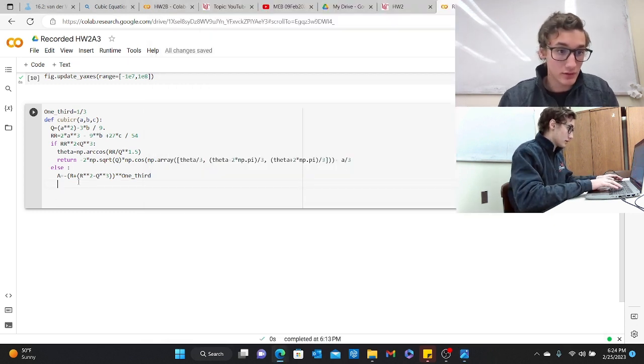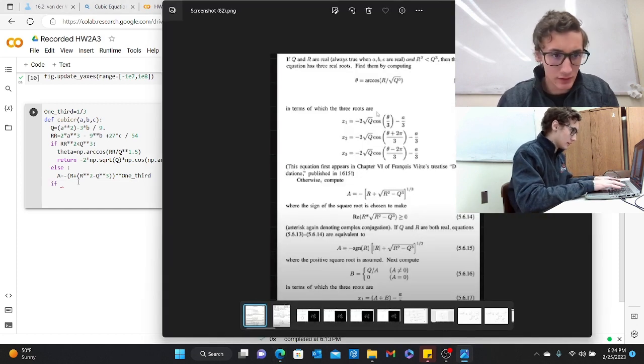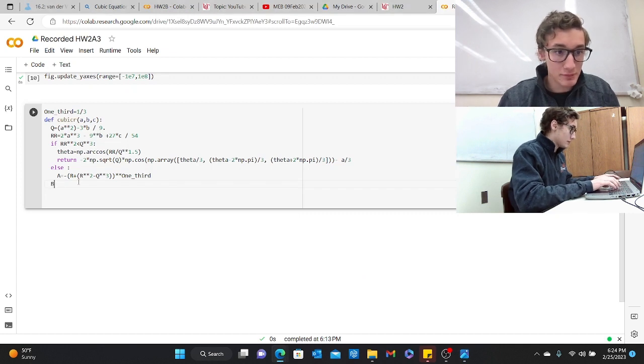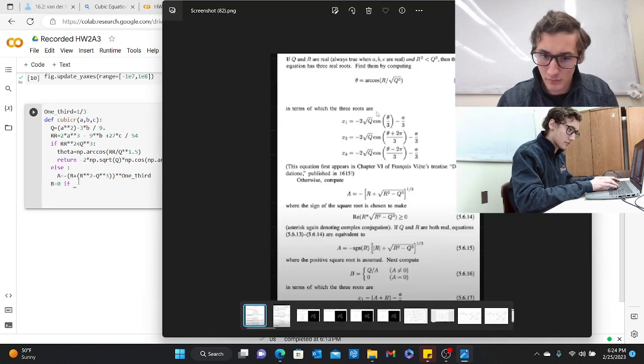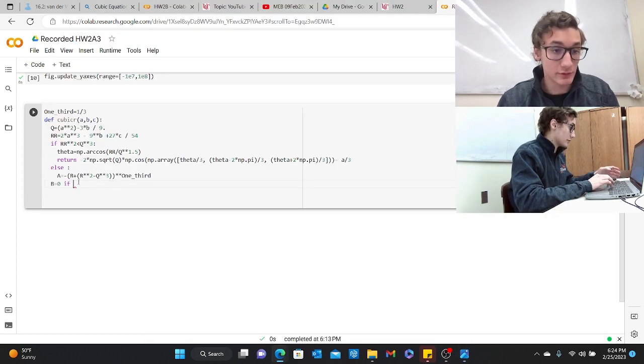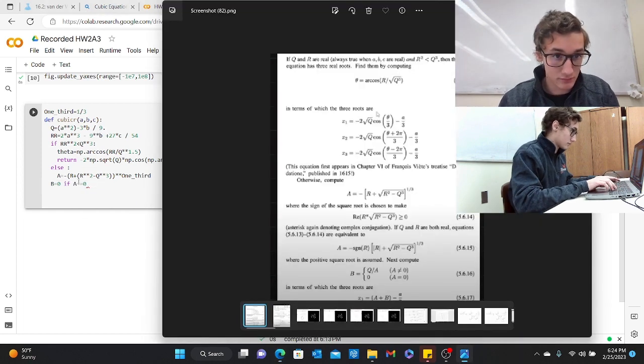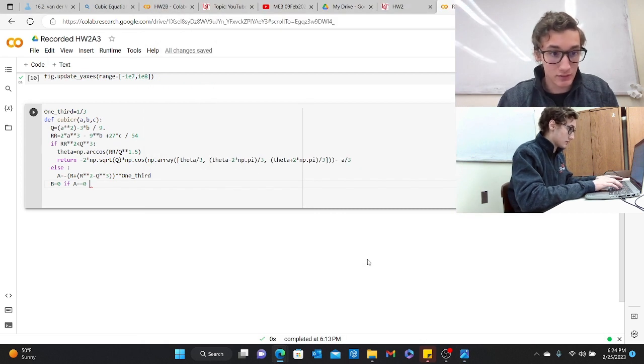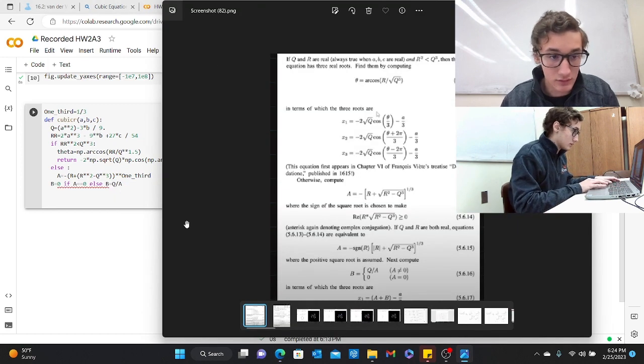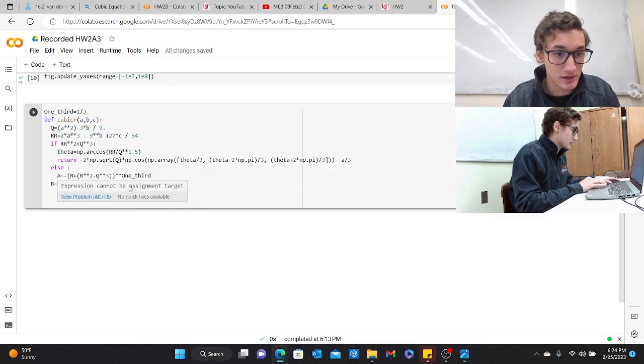So we're going to do, not f, we're going to do b equals 0 if a equals 0, which we've already calculated a. Else b equals q over a. So, let's see what's the issue.